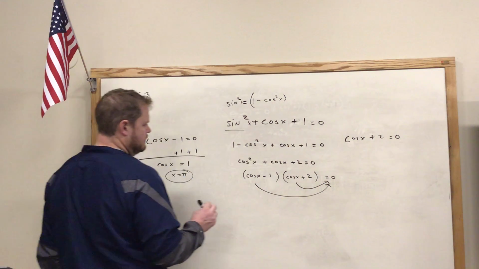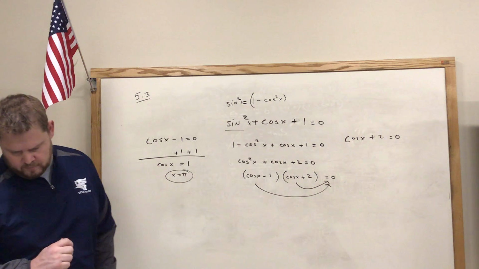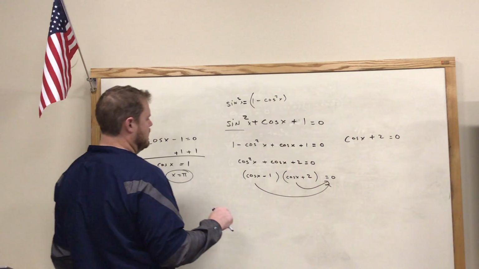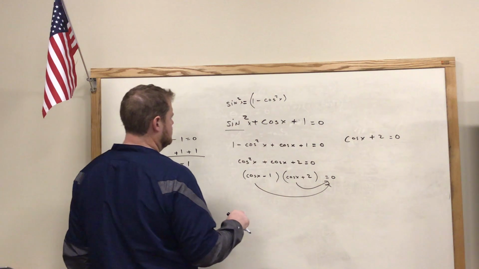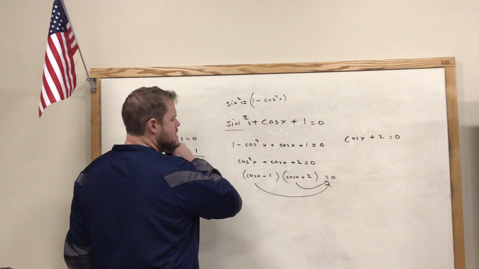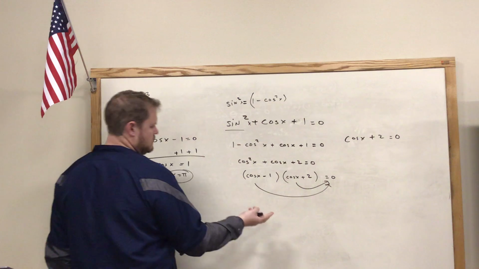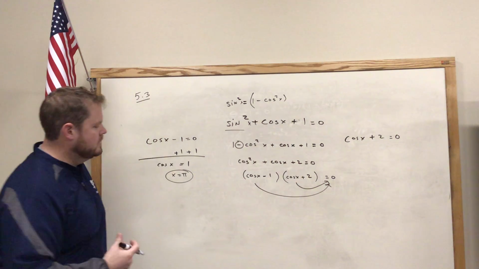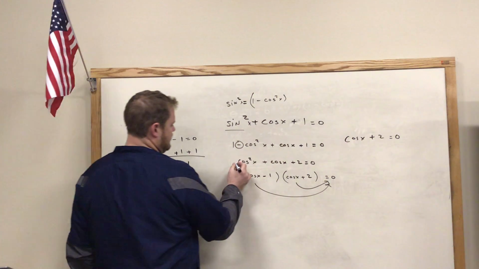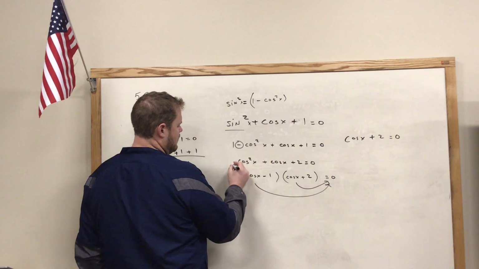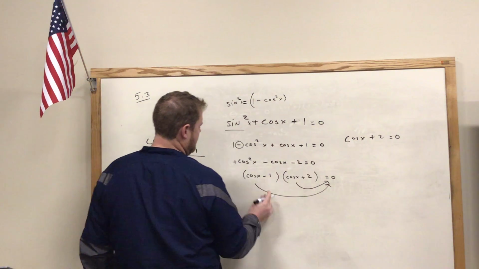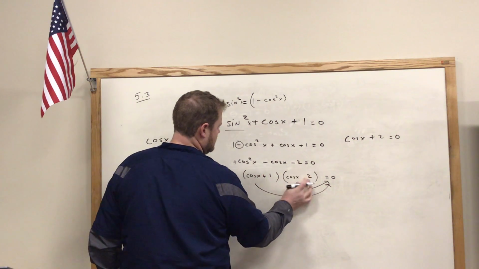Uh-oh, I made a boo-boo. Hold on a second. Because I needed to get rid of this, I lost my negative sign, so you have to come back through. This is negative, so in order to do this, you have to make this positive and this negative, which changes my signs.